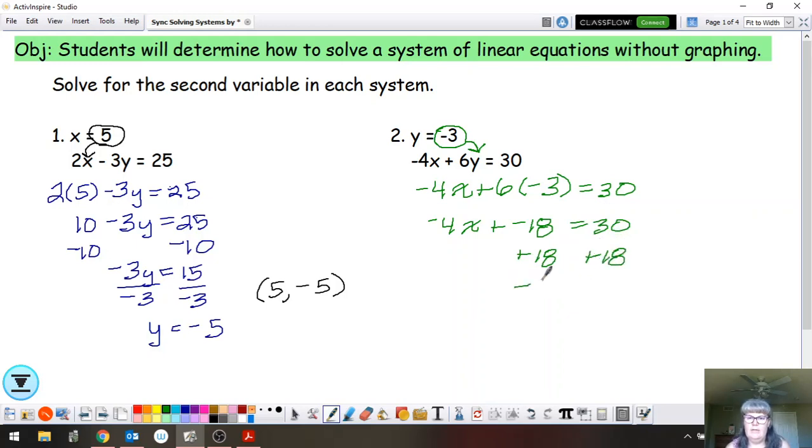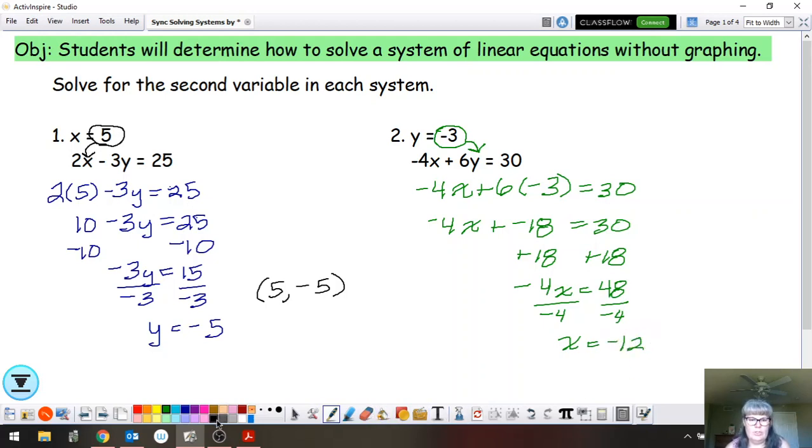And we have negative 4x equals, let's write that a little clearer, 48. Divide both sides by negative 4, and x equals negative 12.